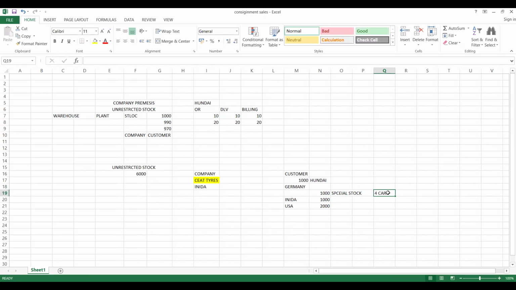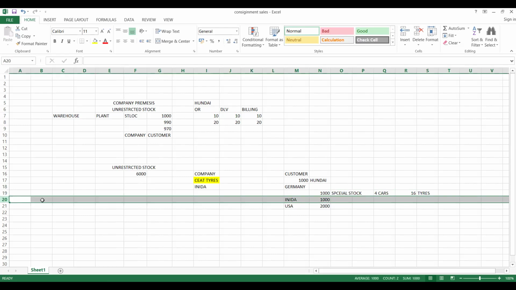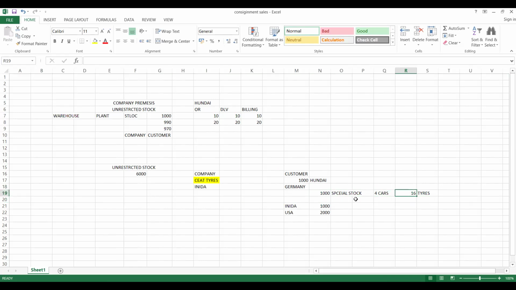Generally a car will have 4 tires, right? I'm just telling an example. So 16 tires he would like to utilize, the Hyundai German customer. So from this special stock, suppose he utilized 16.